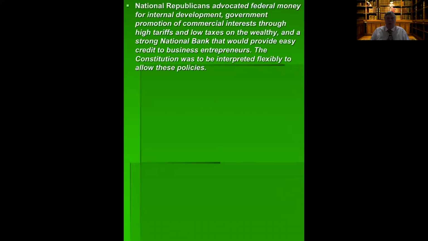National Republicans advocated federal money for internal development, government promotion of commercial interests through high tariffs and low taxes on the wealthy, and a strong national bank that would provide easy credit to business entrepreneurs. The Constitution was to be interpreted flexibly to allow these policies.